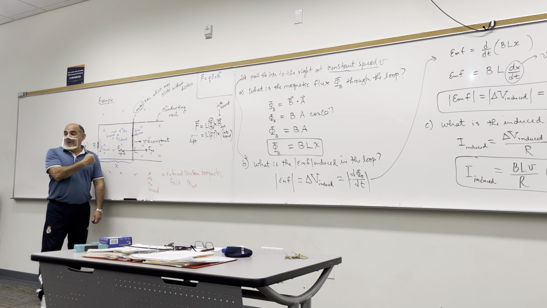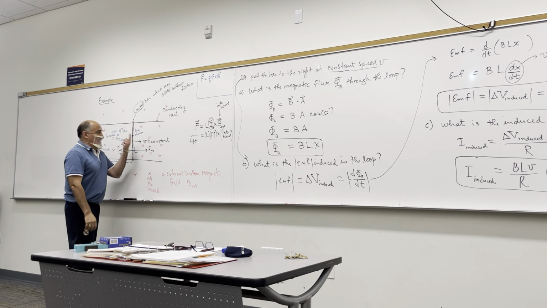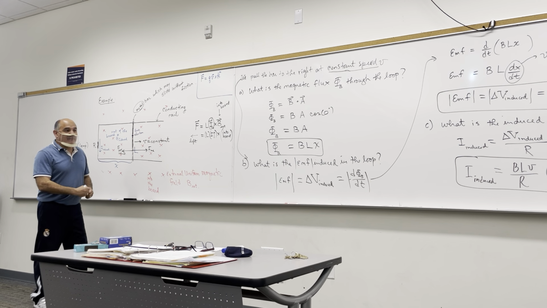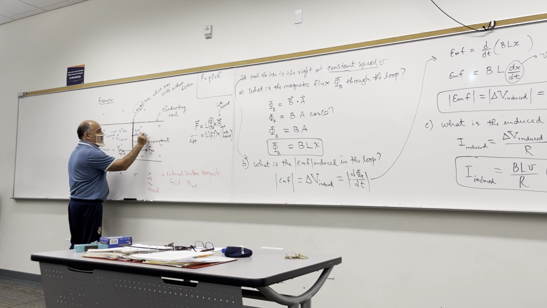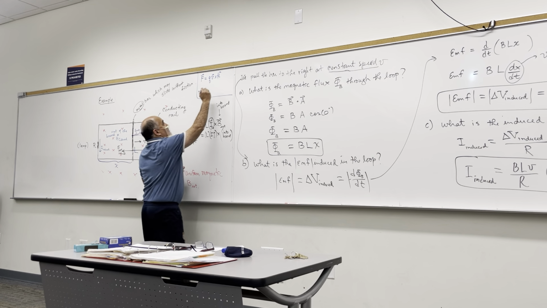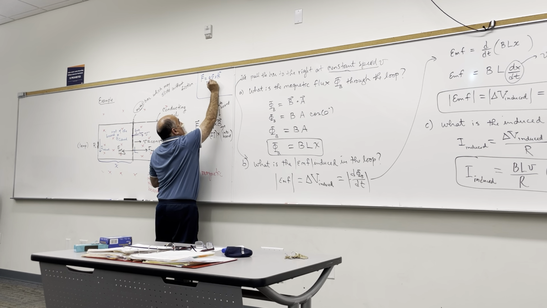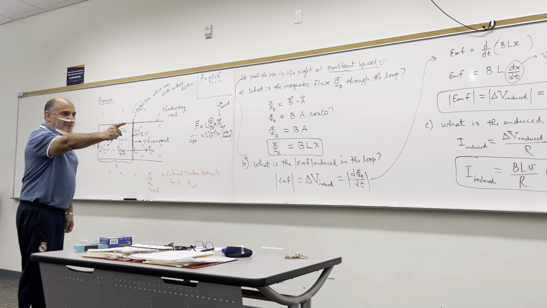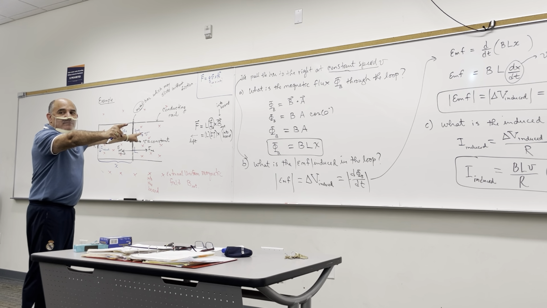When I grab that bar and pull it to the right, the electrons don't stay behind. They go with the bar. So all of a sudden I have these free electrons going to the right, crossing into the magnetic field, which is into the board, all in the direction of that cross product. What is the direction of to the right cross into the magnetic field?